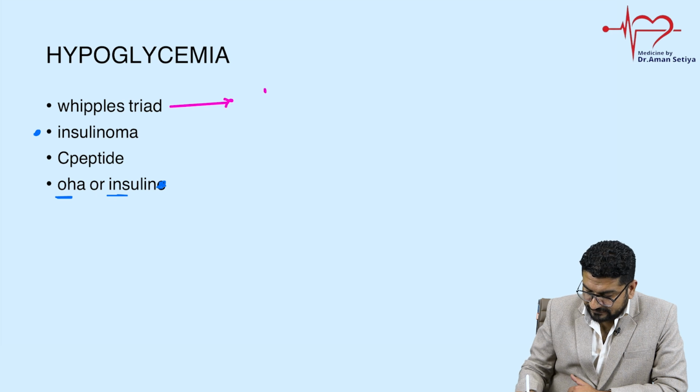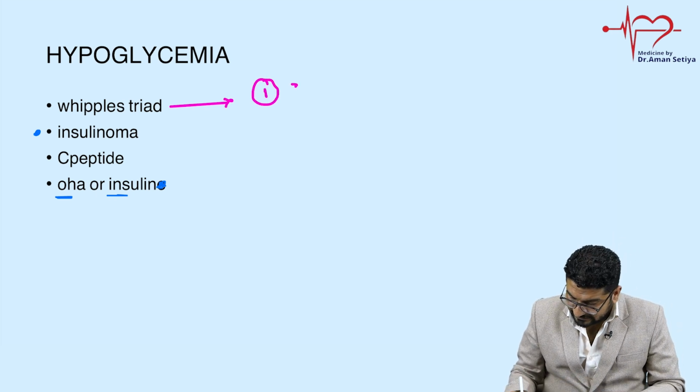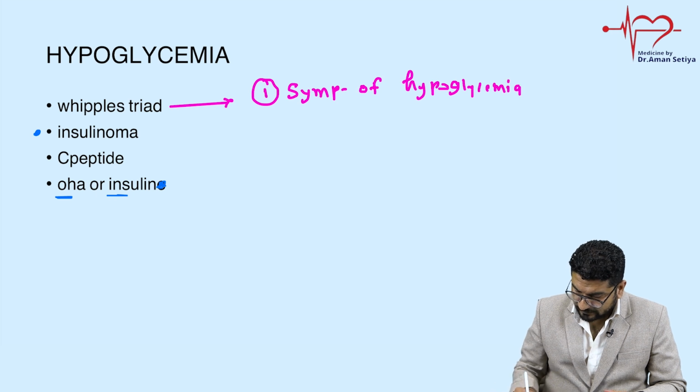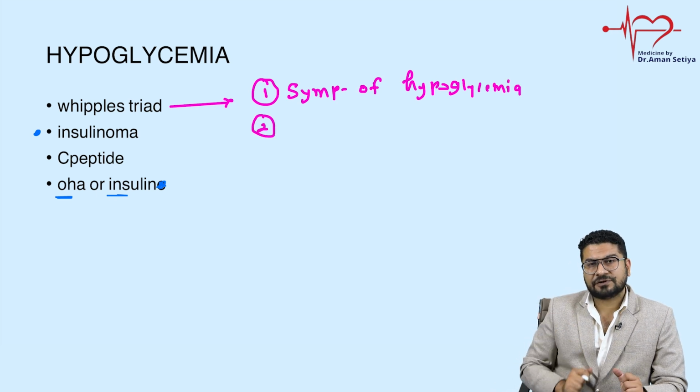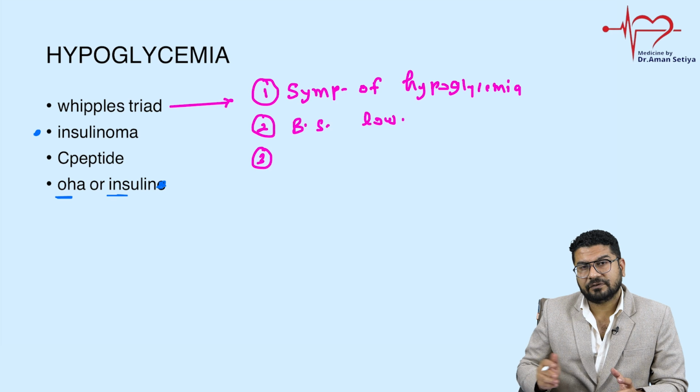In Whipple's triad we have three things. First, the patient will have symptoms of hypoglycemia. Second, when you check, the blood sugar is low, suppose 40, 45, 50, anyway less than 70.